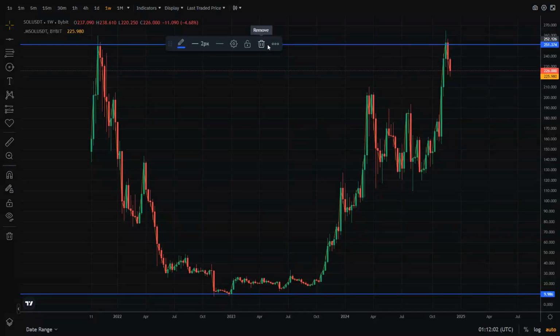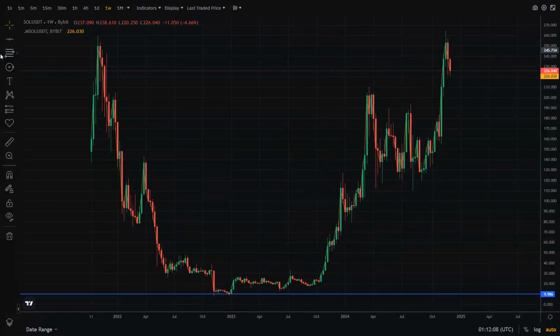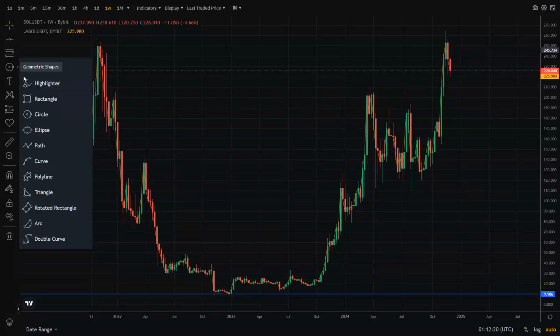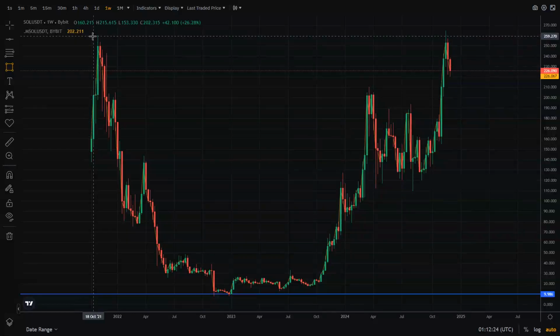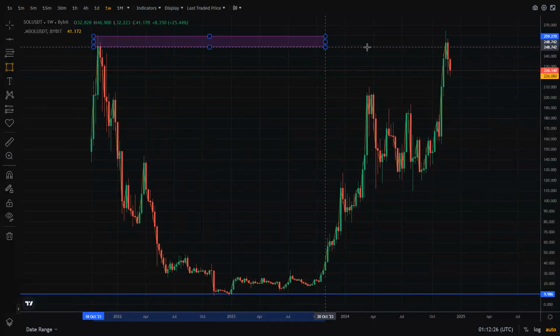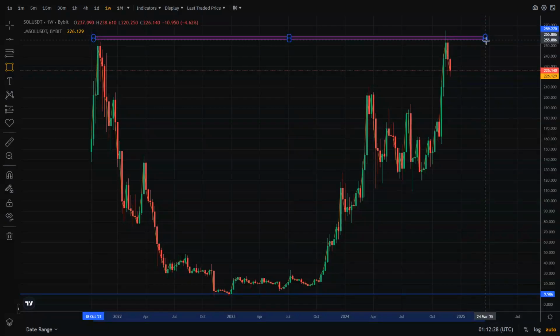How do you turn your resistance level into a zone? First you delete this. Then what do we do next? We change it to a rectangle. Then you draw this rectangle, and it becomes a zone.